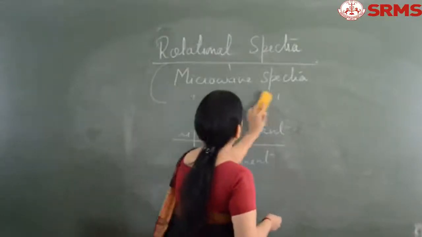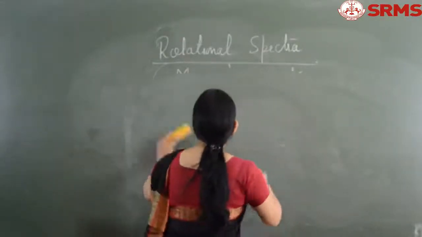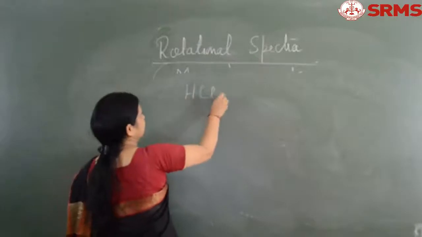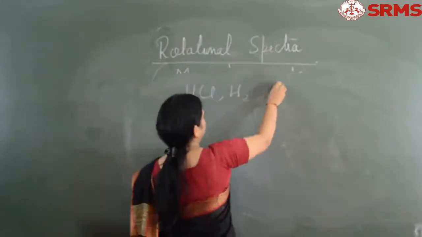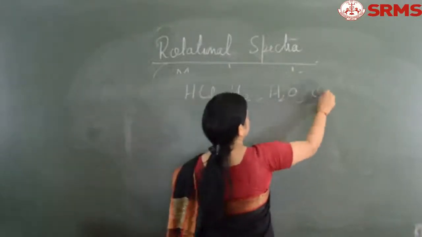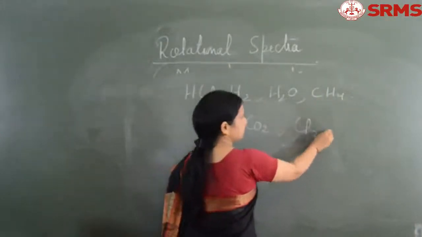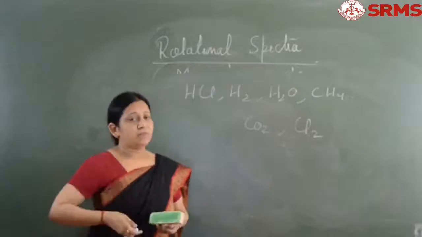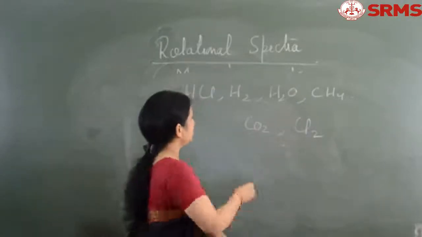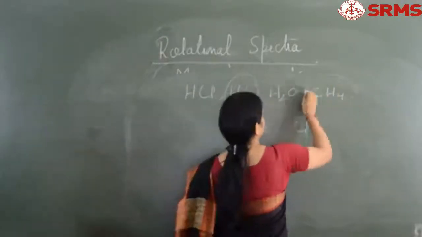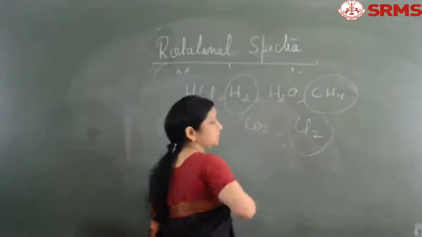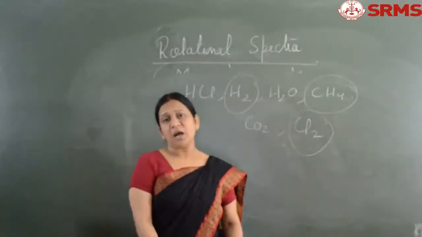For example, we have HCl, hydrogen, H2O, then CH4, carbon dioxide, Cl2. Now, in these molecules, H2, CH4 and Cl2 do not have a dipole moment.